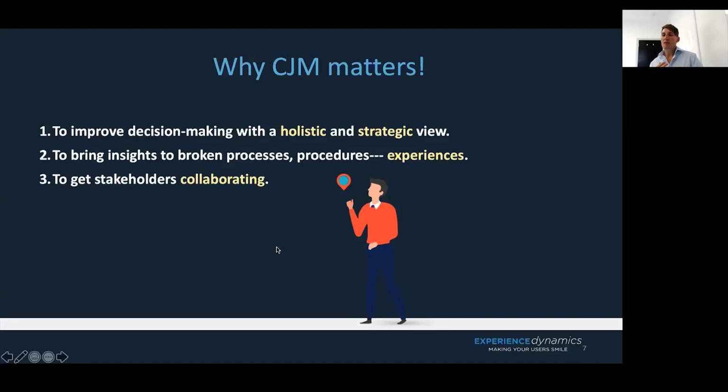Now, the third reason we do journey mapping is to get our stakeholders talking and working together. I had a journey mapping session for the development team, but I invited the marketing director and the sales director and the CEO. This is a small company. The CEO is a really bright CEO. He's very, very capable in terms of sharing and working at this level of user experience workshops.